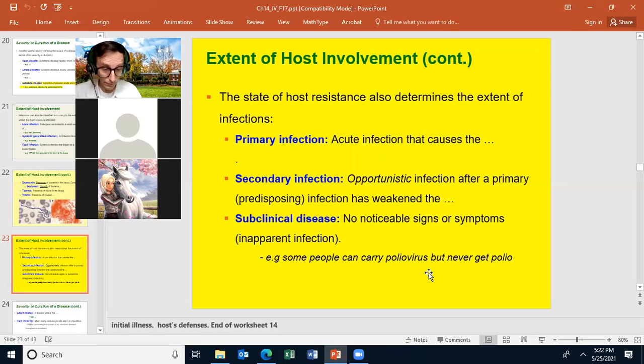And that is one reason why COVID-19 is so difficult to control. Does anybody know the percentage of young people who, when they get infected with COVID-19, are subclinical, having no noticeable signs and symptoms?